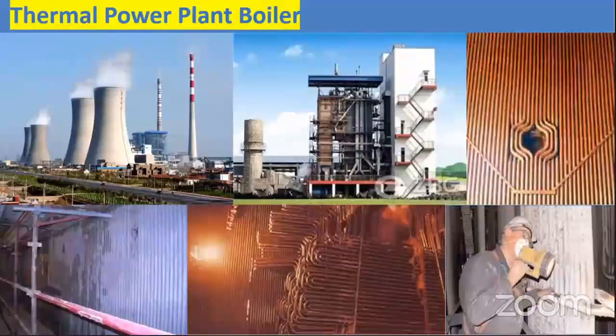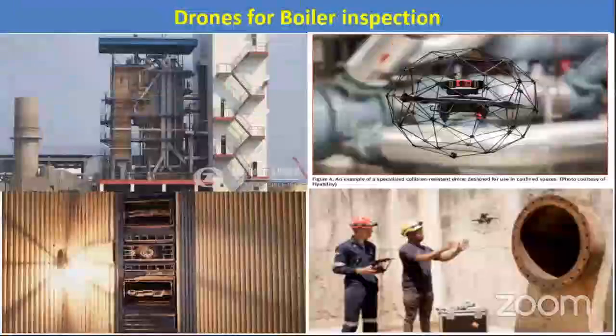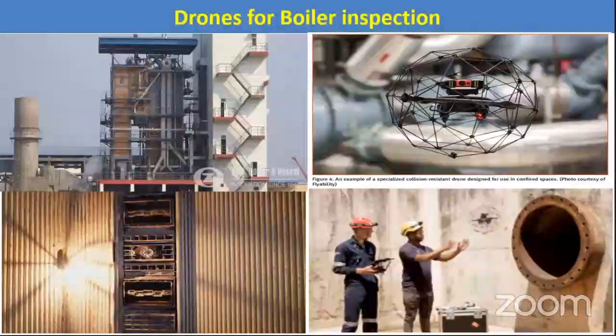The other big example is power plant boilers. Again, a huge asset, many stories tall, and a number of tubes are there. And typically they put up scaffolding, and then you send inspectors like the one you see here, going and doing lots of inspection, including wall thickness measurements and so on. And that could today be done using a drone.